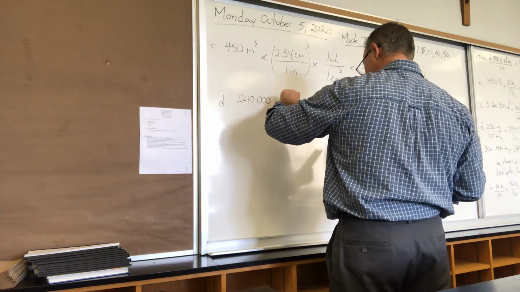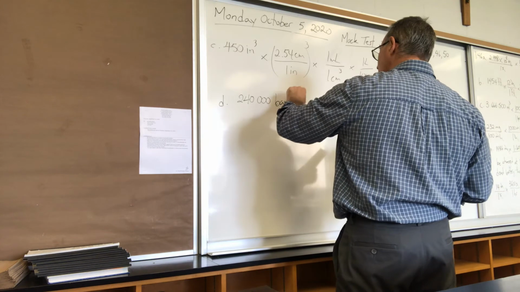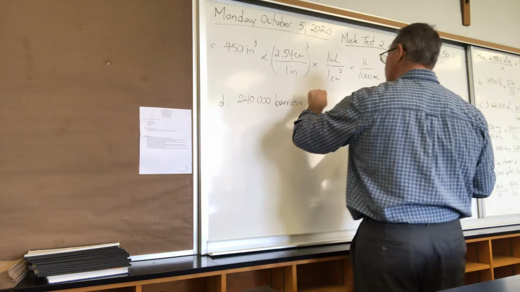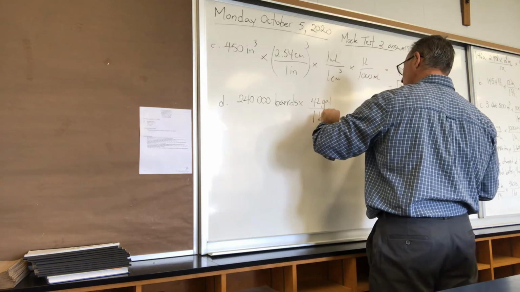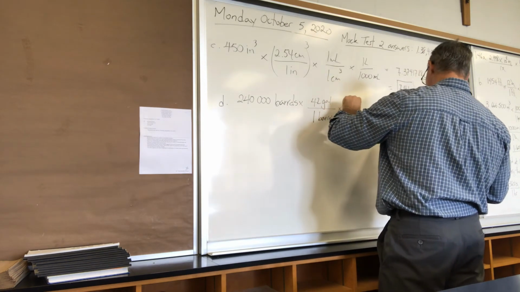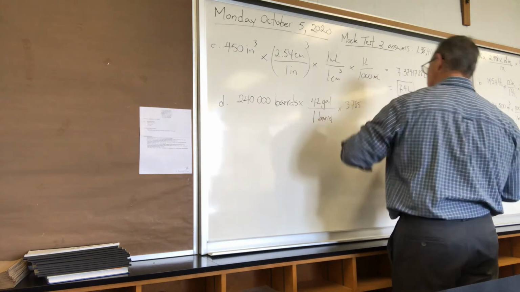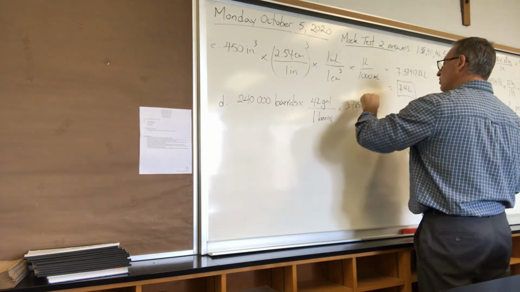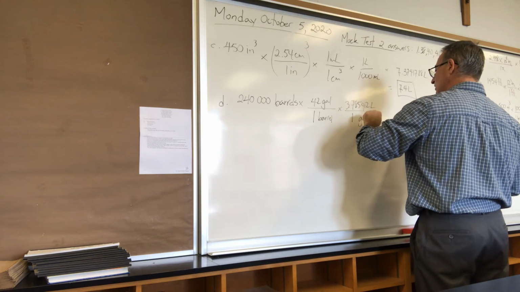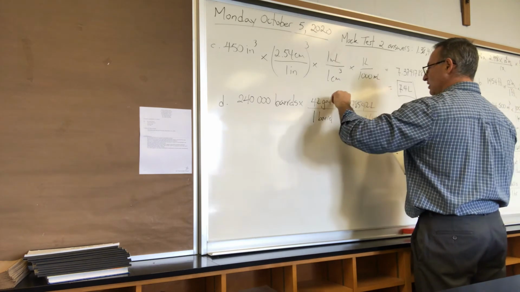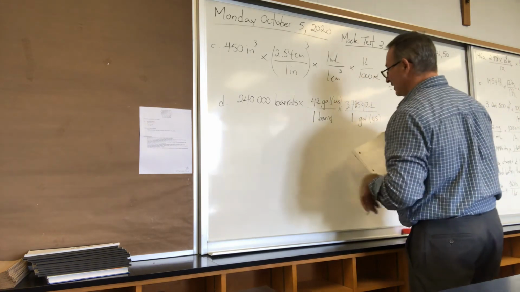Times 42 gallons per barrel, times 3.78412 liters per US gallon. I'm going to specify US gallons because there are imperial gallons, that's what we use in Canada.